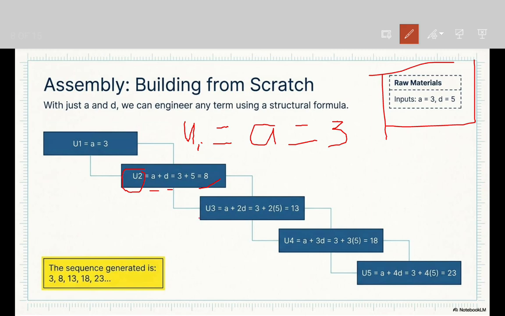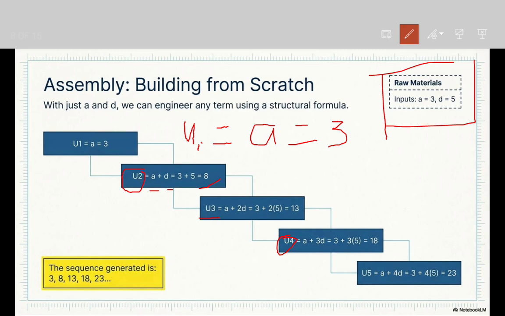Now the third term is A plus 2D. So we move on.